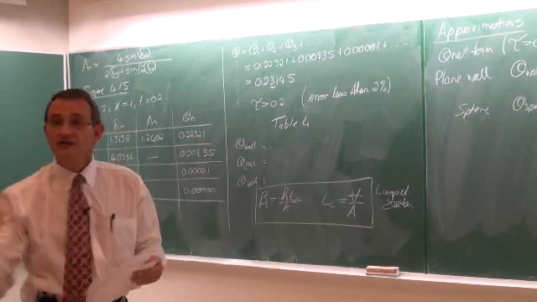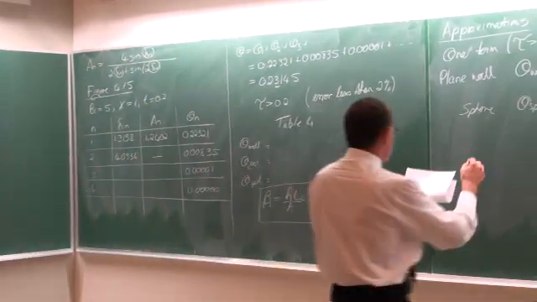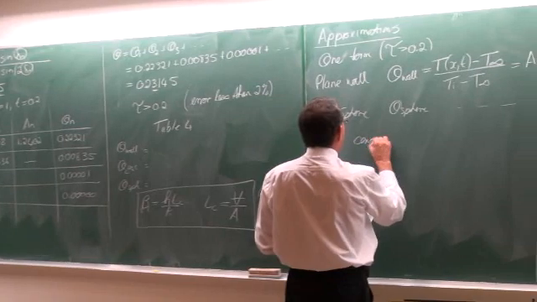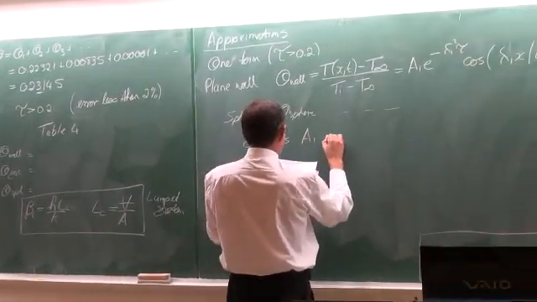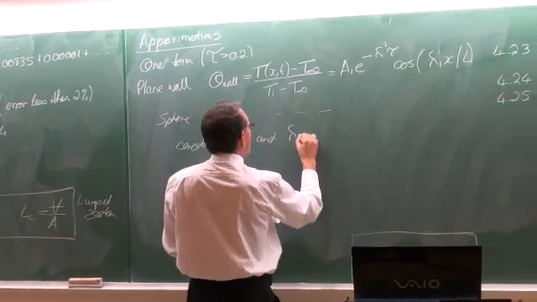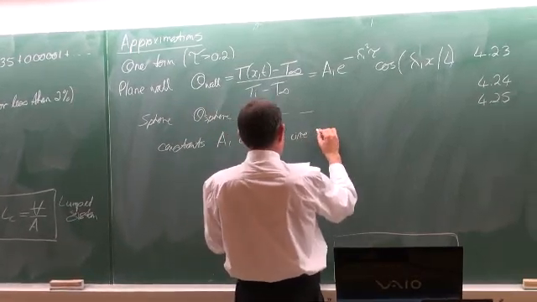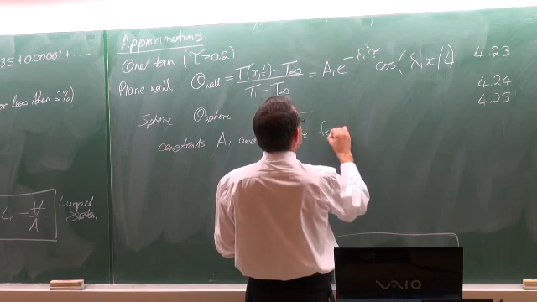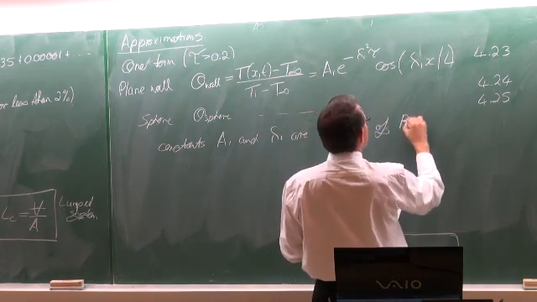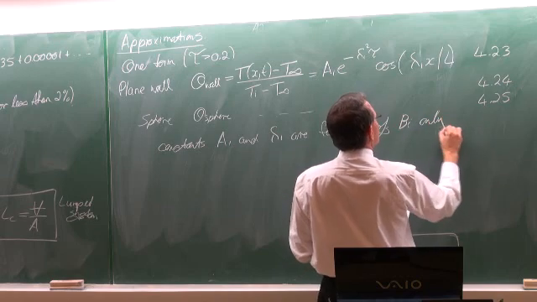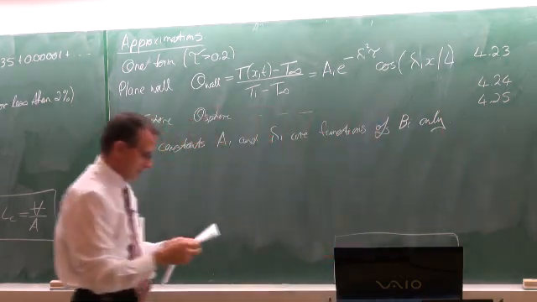But what is very important to realize is that the constants A1 and lambda 1 are functions of the Biot number only. Only a function of the Biot number.